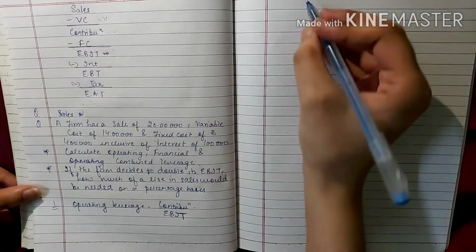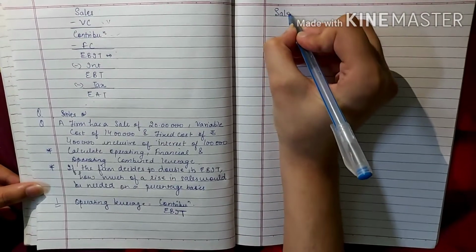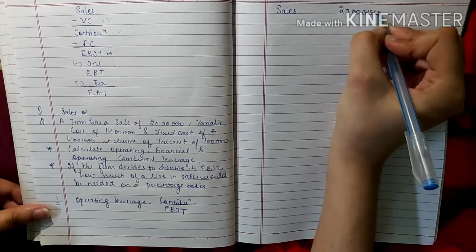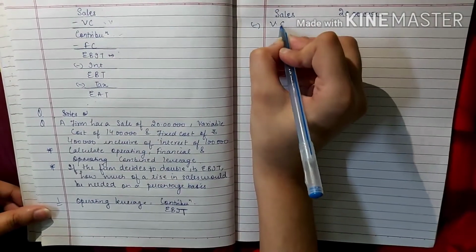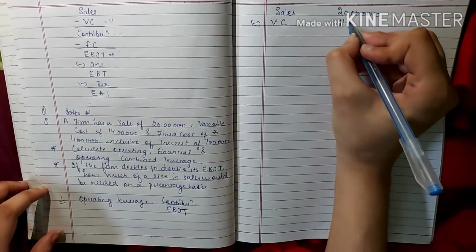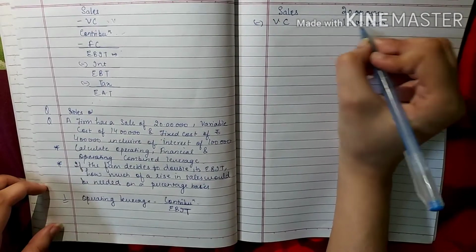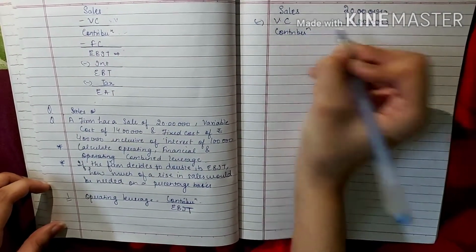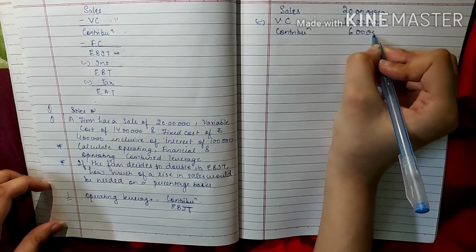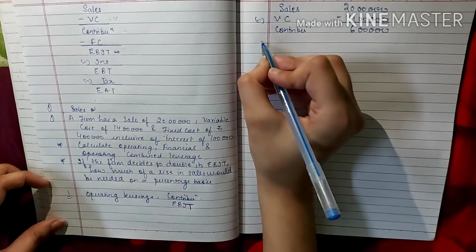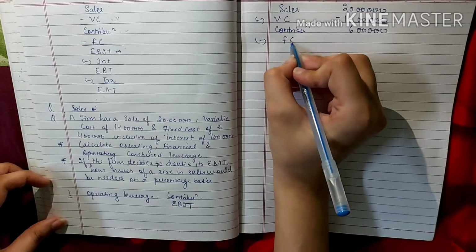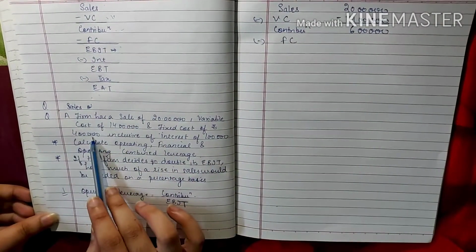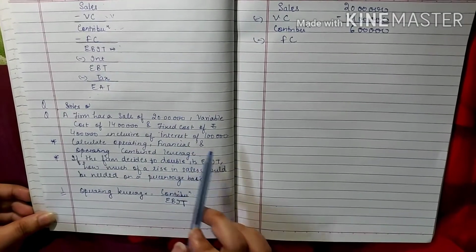Now using the format, sales, which is 20 lakh, minus variable cost, it is given as 14 lakh. Contribution is 6 lakh. Now you have to deduct fixed cost from it. Now fixed cost is 4 lakh inclusive of interest of 1 lakh.